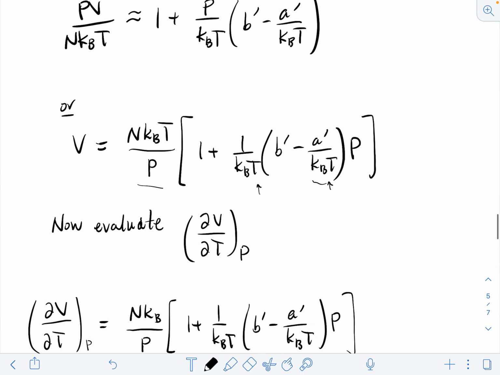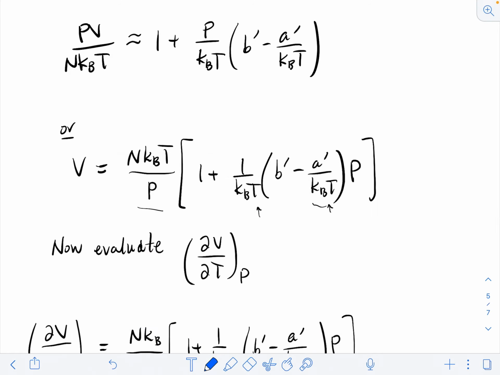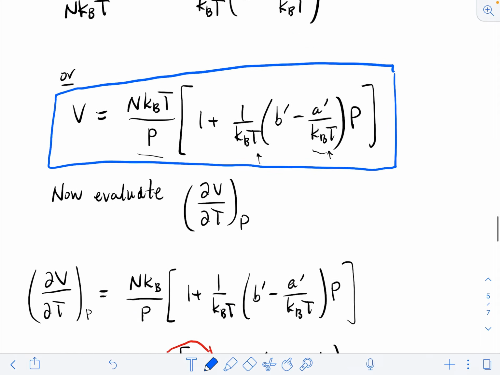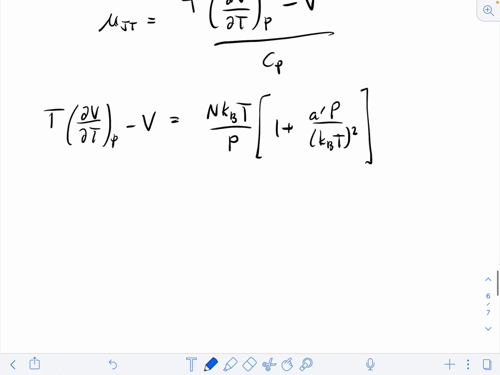Now we have to be a little bit careful here, because in our van der Waals expression, this is what we calculated for the volume. So we're going to write down all of this when we subtract the volume.